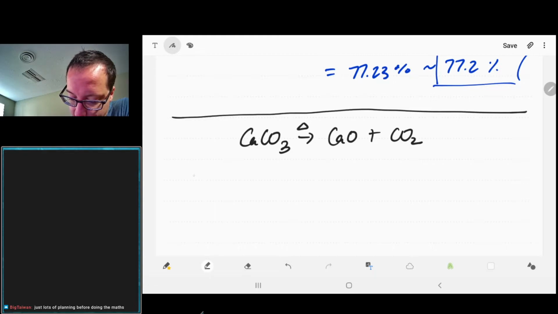Okay, let's say we have 50 grams of calcium carbonate is heated.